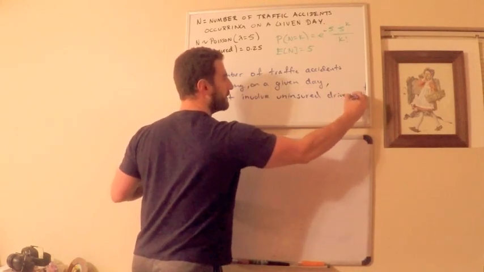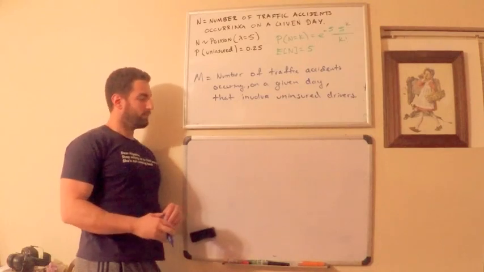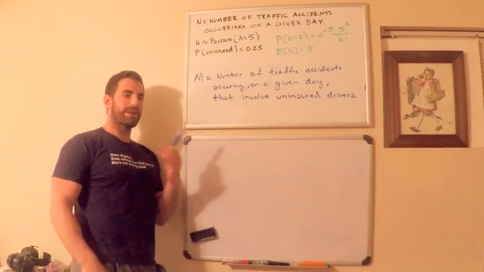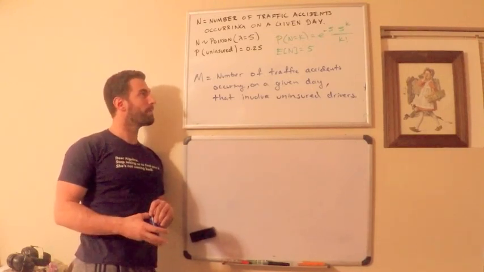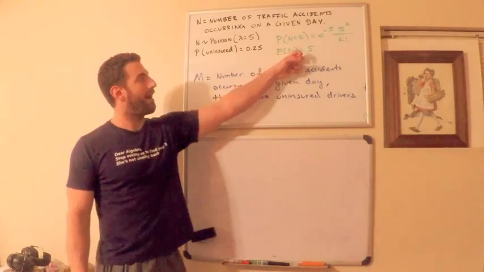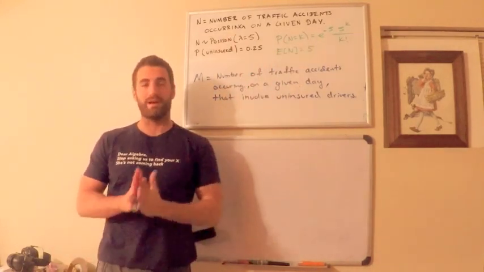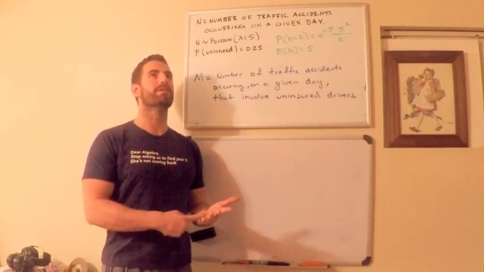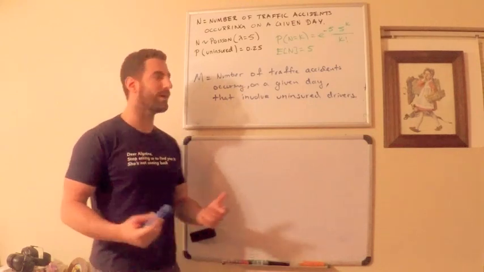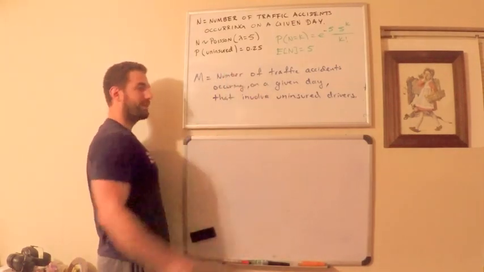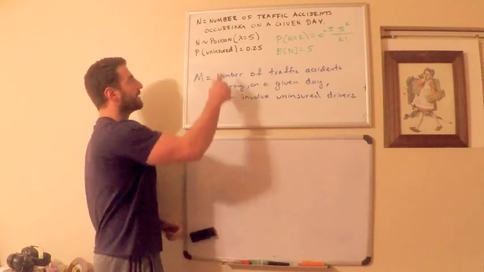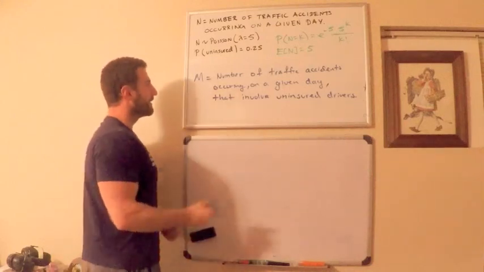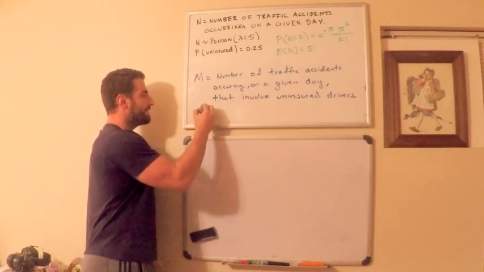This random variable itself is kind of a mouthful, but fortunately what follows is not too bad. I claim that this is a Poisson random variable. We already know how many accidents we're expected to have: on a given day, 5 accidents. How many of those involve uninsured drivers? Uninsured drivers represent a quarter of those. So what is the expected value of m?